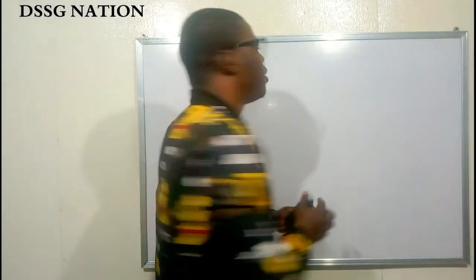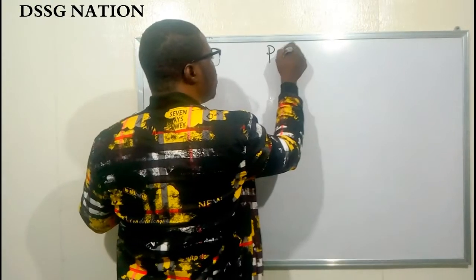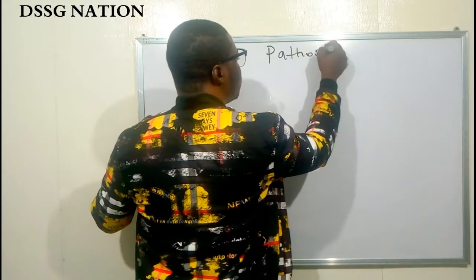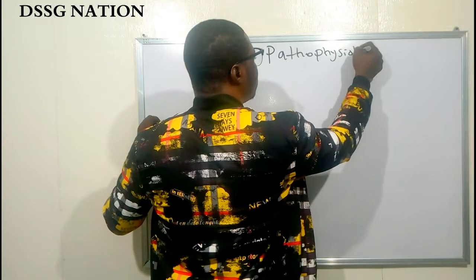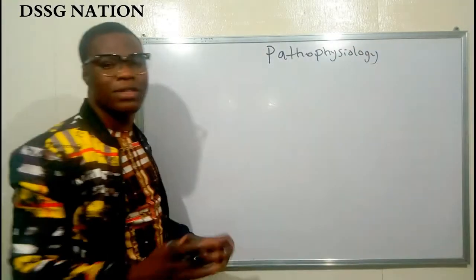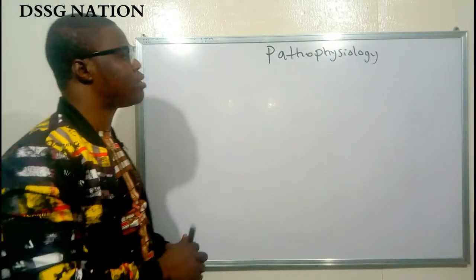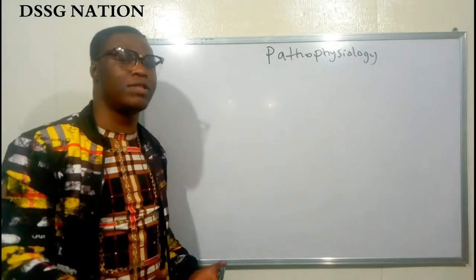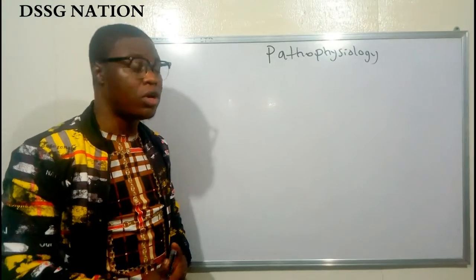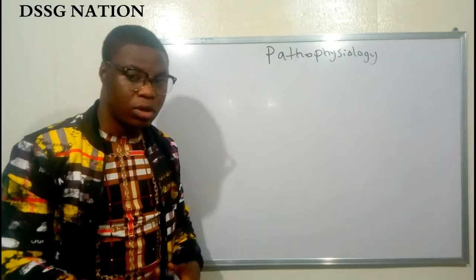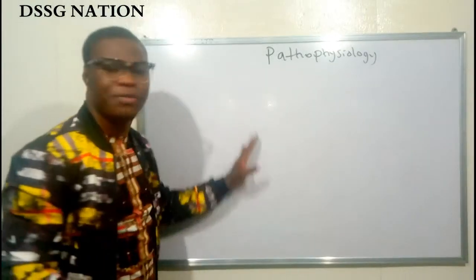Welcome back. Now, the pathophysiology of hyperthyroidism. We already know that in hyperthyroidism, there is going to be an increase in the amount of T3 and T4 in the blood. Now, what will be the effect?